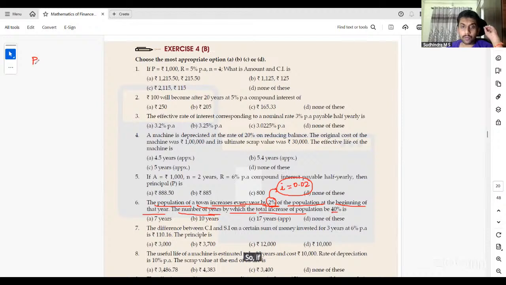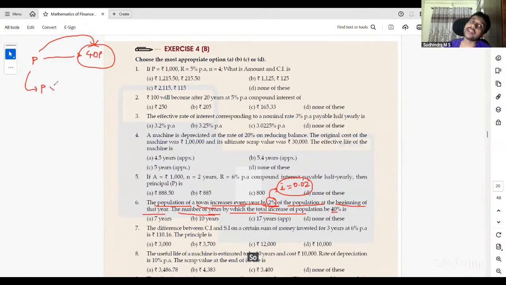If I consider original population as P, after an increase of 40%, what would be the population? 40 by 100 into P plus P. They said increase by 40%.